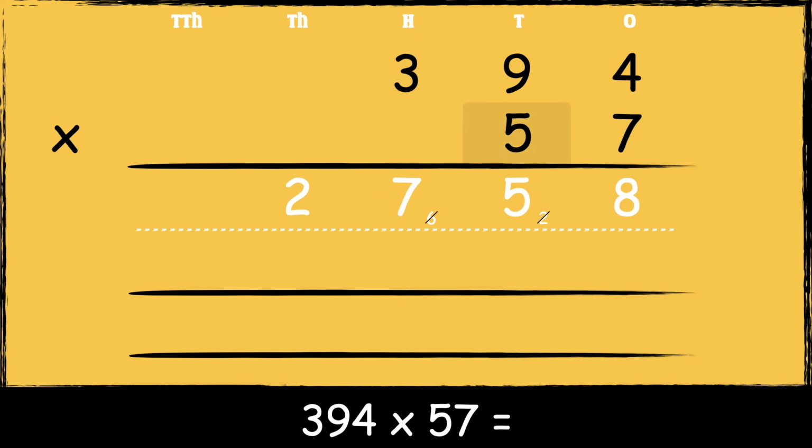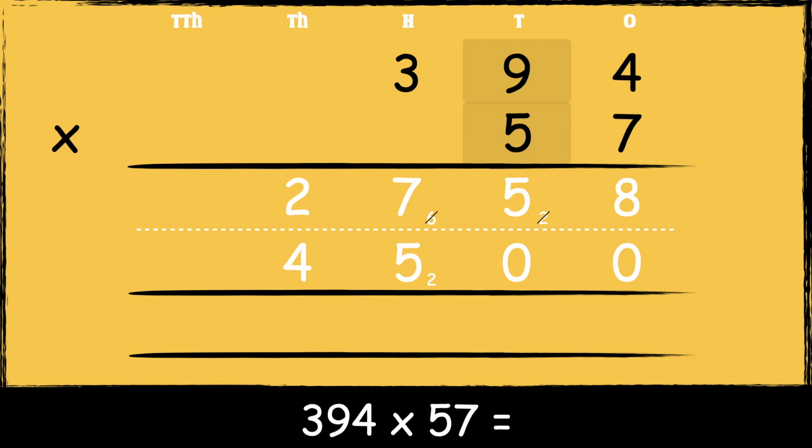Next, we multiply 5 tens by 4. As we're now multiplying the number in the tens column, we need to use 0 as a placeholder in the ones column. 5 times 4 is 20. We carry the 2 below in the hundreds column, as it represents 2 hundreds. Next, we multiply 5 tens by 9 tens. 5 times 9 is 45.